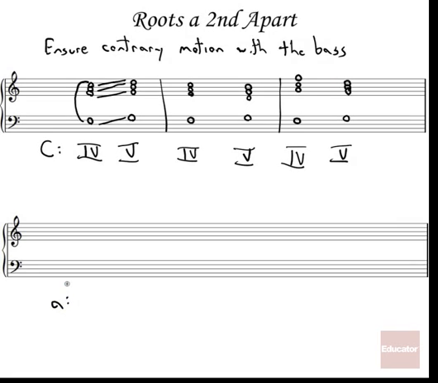And let's do that once in minor. So A minor, and we're moving now from a minor 4 chord to the 5 chord with the raised leading tone.